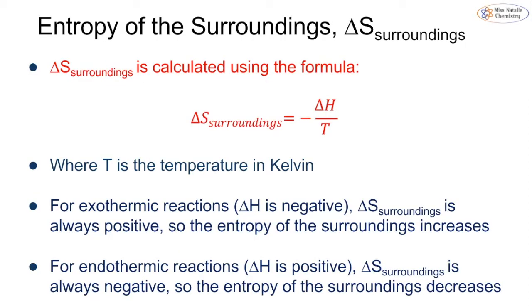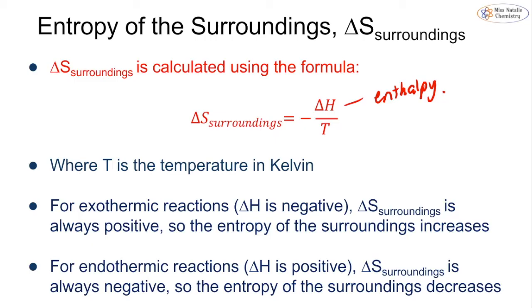Now, looking at the entropy of surroundings, we can calculate this as well using a formula of minus delta H over T, where T is the temperature in Kelvin and delta H, of course, is our enthalpy value. So you would be given this as well in the exam. So for exothermic reactions, our delta H is negative, of course.